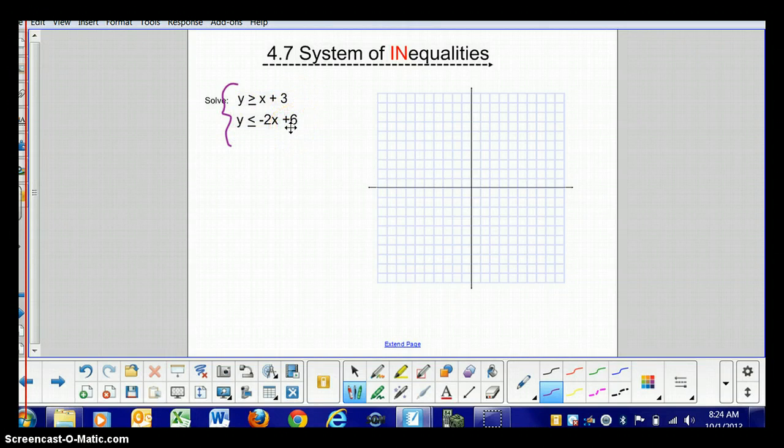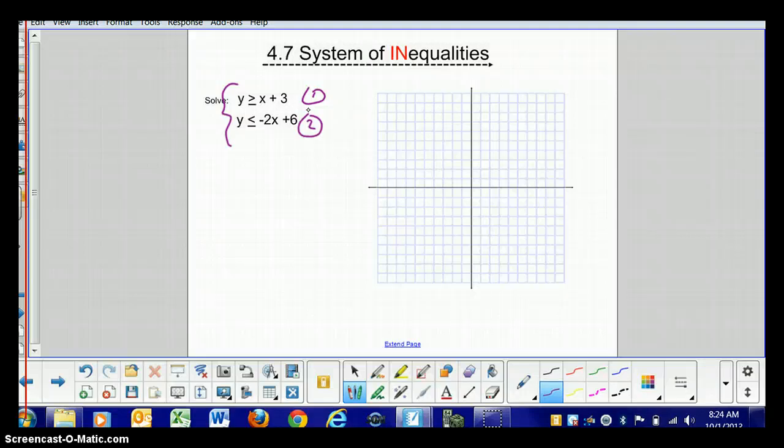How would I solve this system? I'm going to graph the first equation, and then graph the second equation. I'm going to shade appropriately, and then the intersection of the solution shaded areas would be the actual solution set for this system of inequalities.